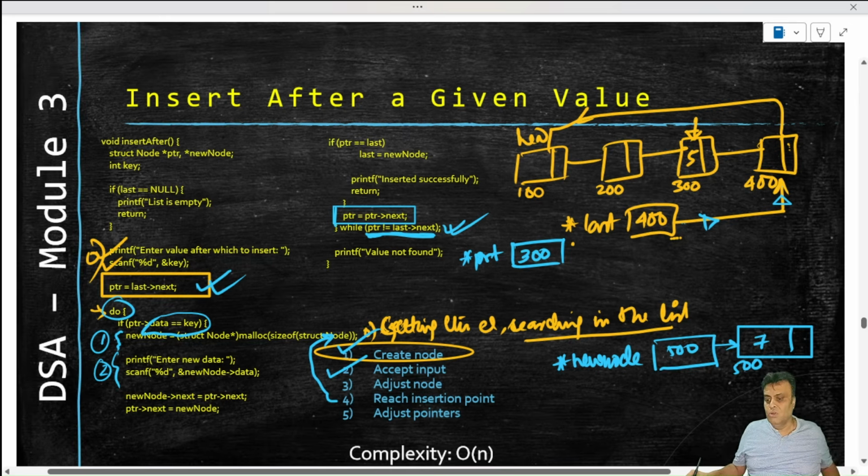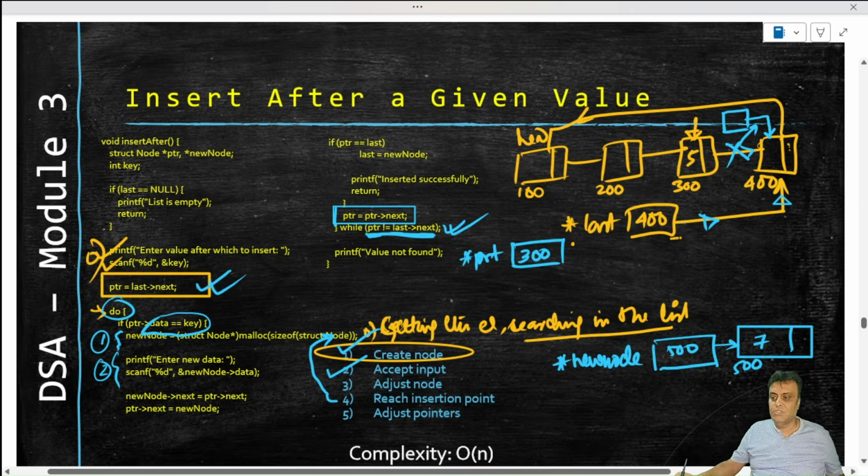So the new node's next should be where? Now this is where I want my new node. So my new node next should be this. But where is that? Our pointer next is pointing here. So this arrow should be replaced, right?